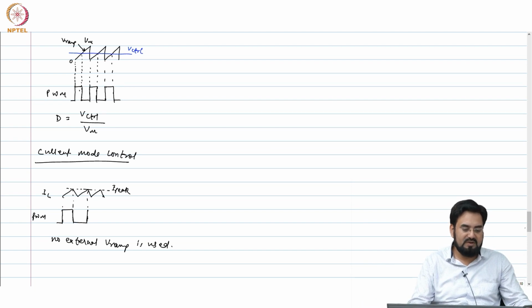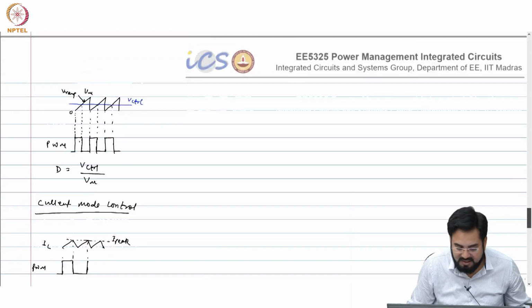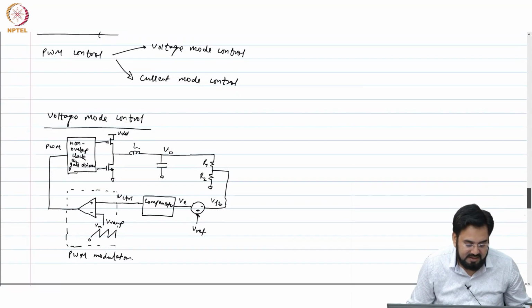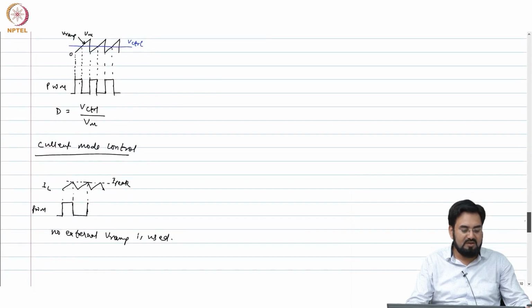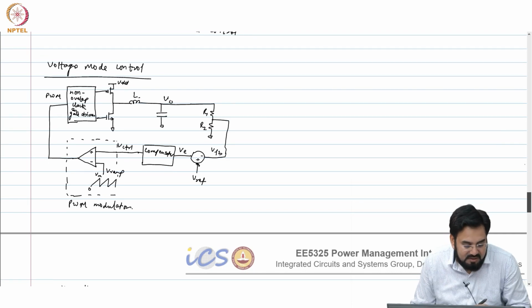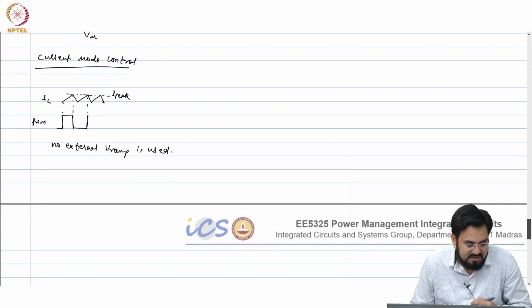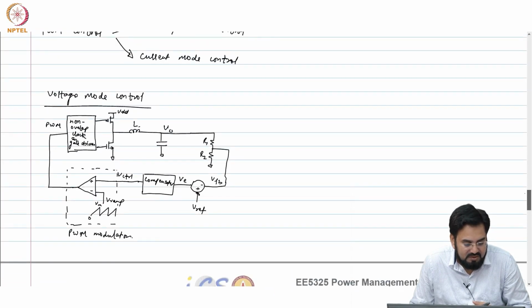Voltage mode can easily be used for a wide range of load current and duty cycles, and that is why we prefer voltage mode over current mode for a wider range of duty cycle operation and load current. So we will look into voltage mode in a little more detail compared to current mode, and we'll do compensation and everything in detail for voltage mode control.